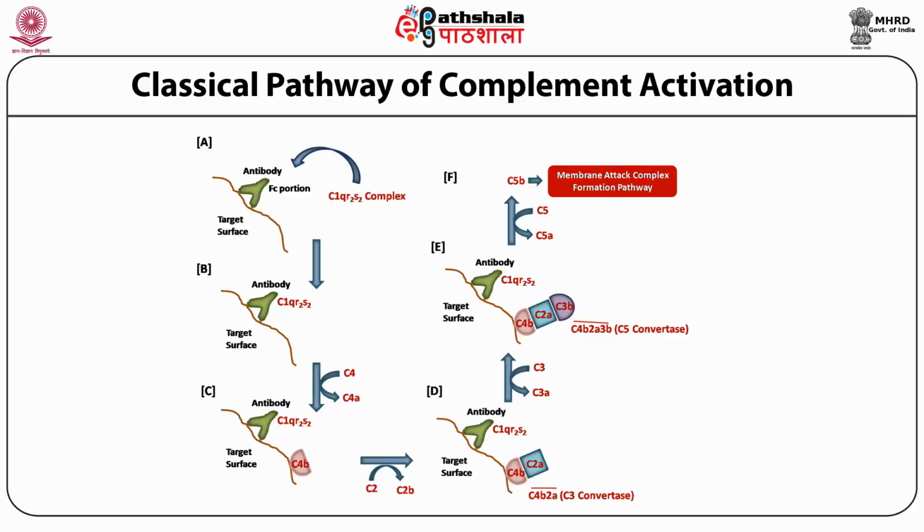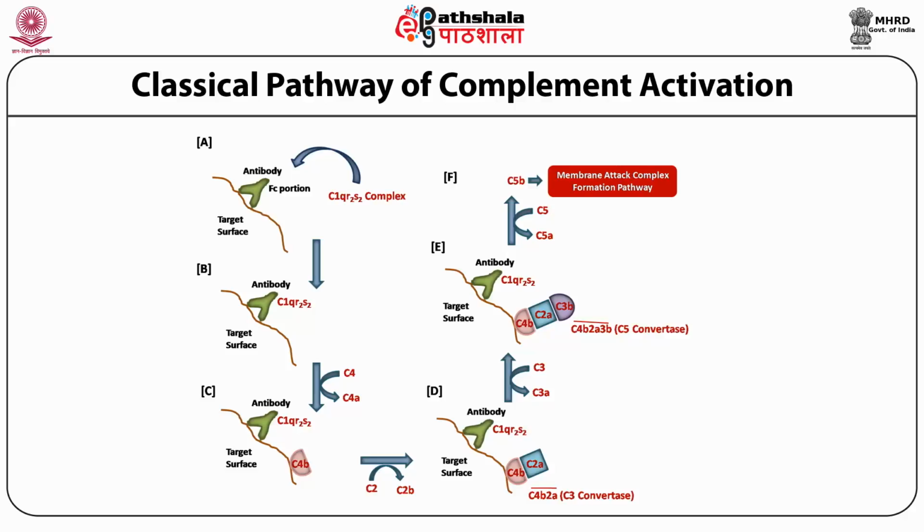The pathogen recognition activity of C1 lies within the globular domain of C1q. When these globular heads interact with a particular ligand, a conformational change is caused in C1r and C1s. The resulting active form of C1r then cleaves C1s to generate active serine proteases.